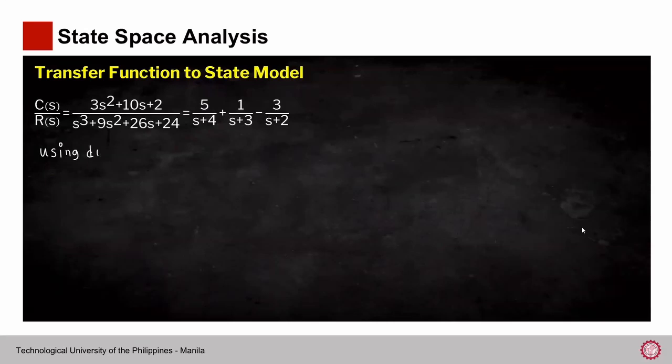So we have the diagonal canonical form, or the DCF.